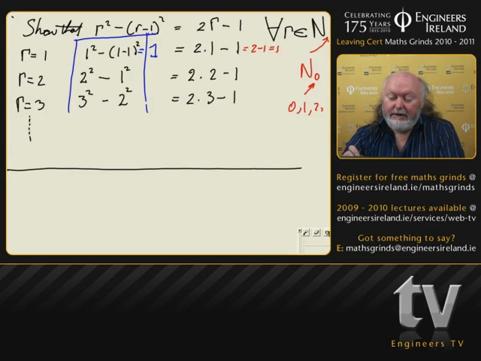What you will notice is I have a 1 squared here, and I'm taking away a 1 squared here, okay? I've got a 2 squared here, and I'm taking away a 2 squared here.